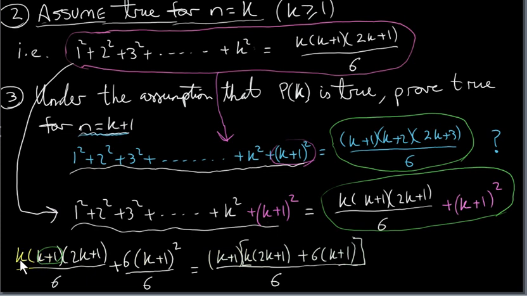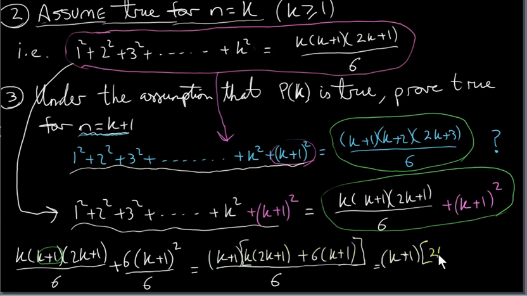Okay, so I factorized out k plus 1 from this numerator, and I factorized it out from this numerator as well. So for this numerator, we will be left with 6 times k plus 1. Now, let's look at what's inside the square brackets. So we have 2k squared plus k plus 6k plus 6.